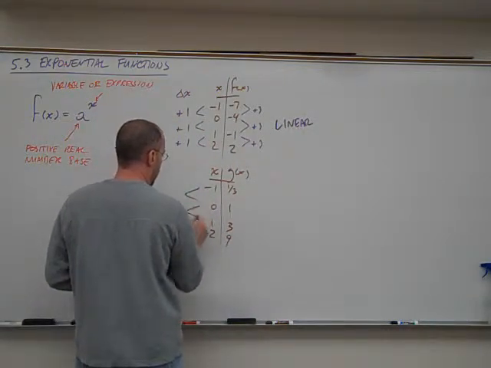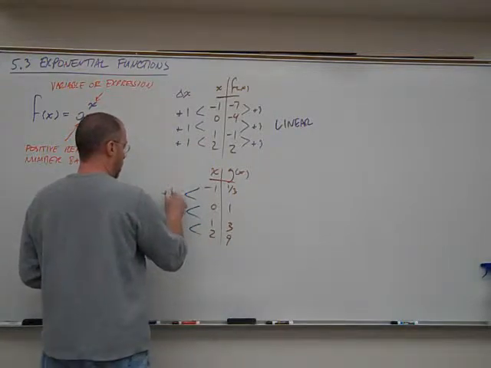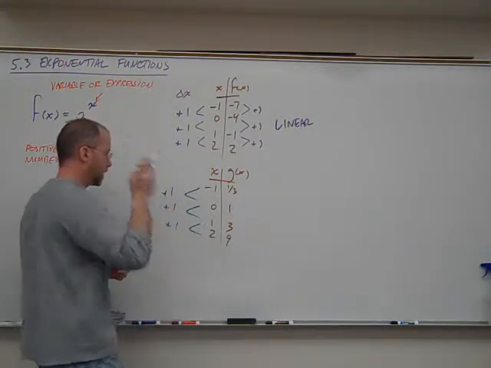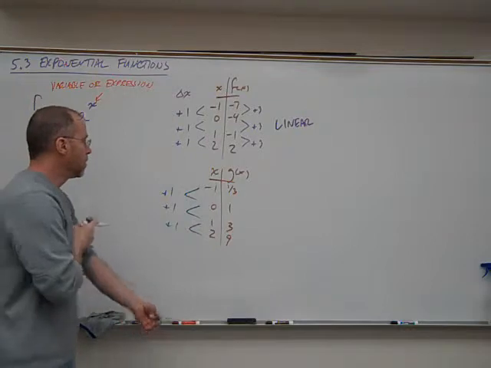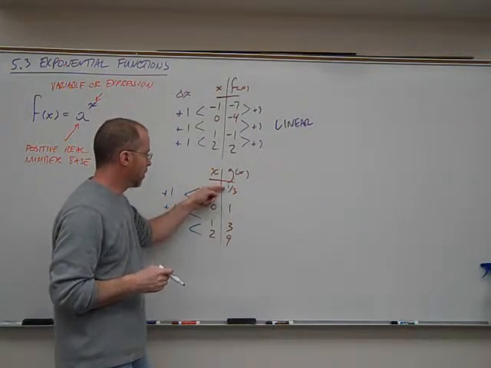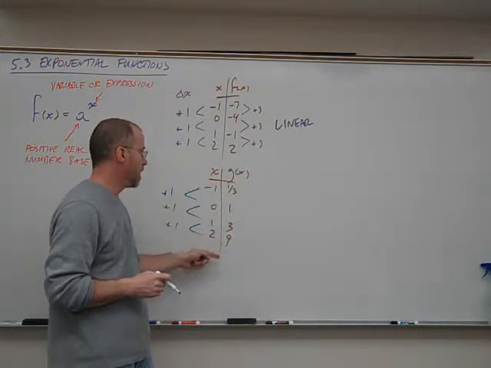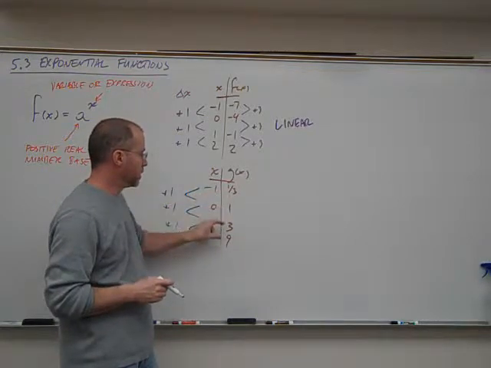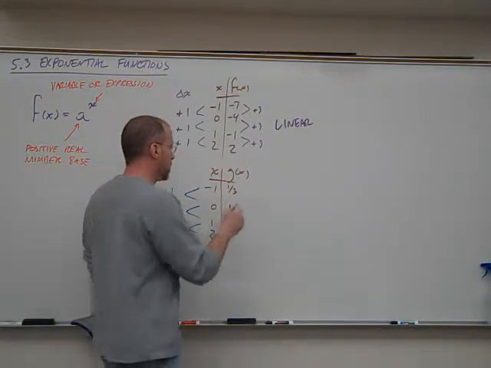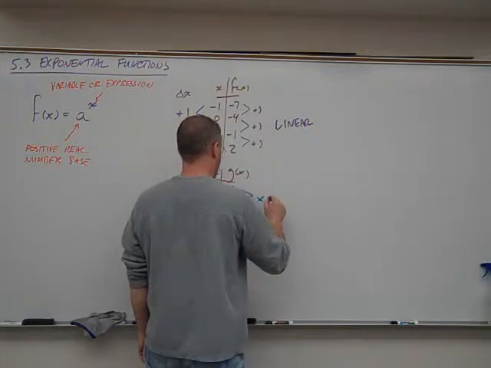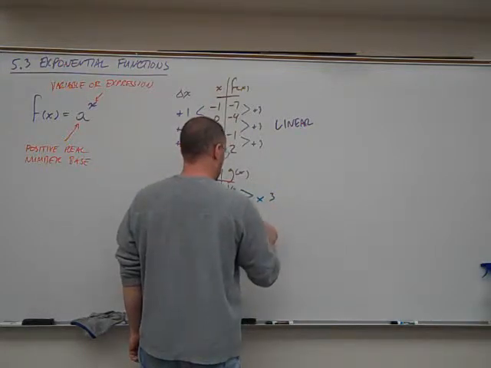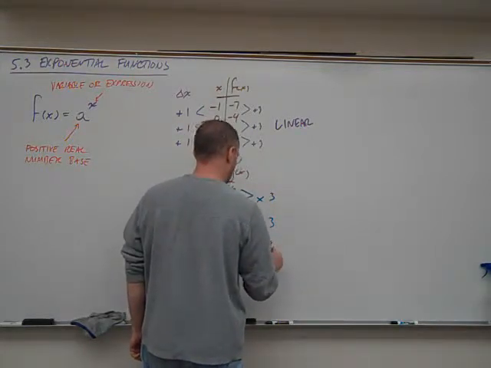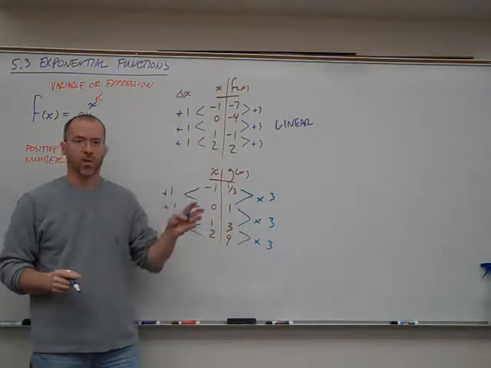Now let's take a look down here at what's going on. Again, I've got equal changes in x. I'm adding 1 every time. But over here, if I want to see the pattern, 1/3 to 1 to 3 to 9, they're not equal additions or subtractions happening, but multiplications. If you multiply times 3, you get to the next output.